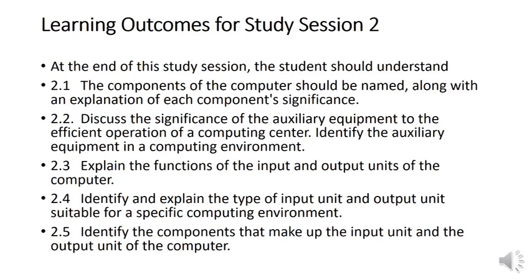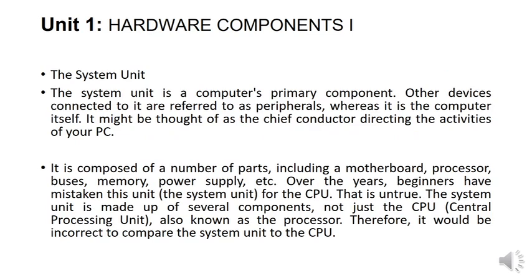Discuss the significance of auxiliary equipment to the efficient operation of a computer center, identify the auxiliary equipment in the computing environment, and explain the function of the input and output units of the computer. The student should also be able to name the components of the computer and explain them. So this is what is expected: by the time we round up this course, a student should be able to know all those things.